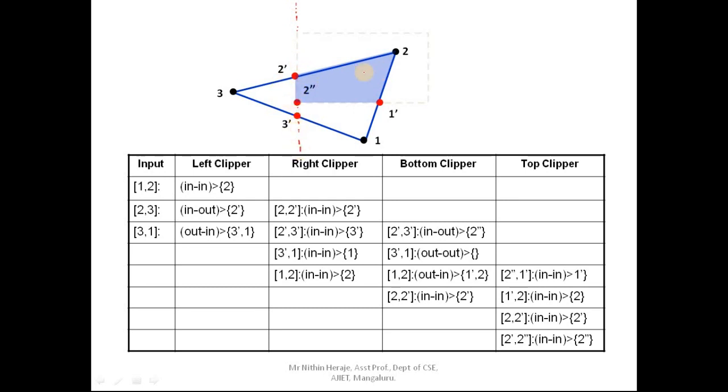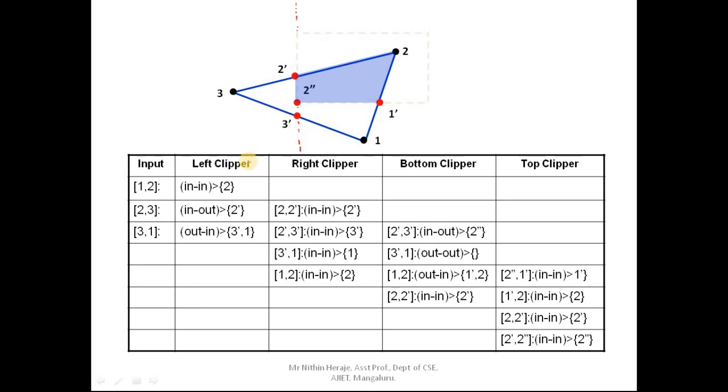This is the reference point of the left clipper: anything to the right side of this line will be treated as inside, and anything to the left side of this line will be treated as outside. So edge 1 to 2, when given to the left clipper, is everything on the right side of that line, so it is in, and the output will be the second vertex, that is 2.